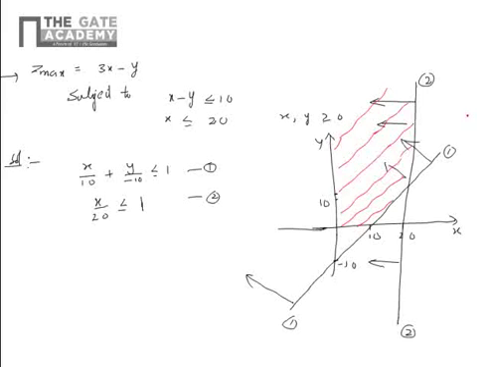The region extends towards infinity, so this solution has an unbounded solution space. It's a case of unbounded, where the objective function is maximization. Why unbounded, I will explain. For example, I have taken this point 1.